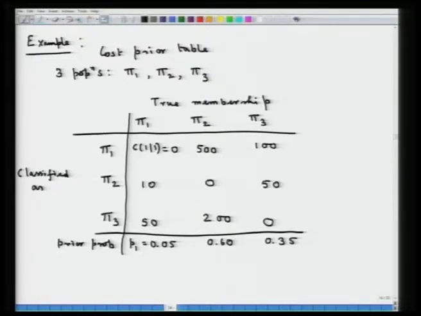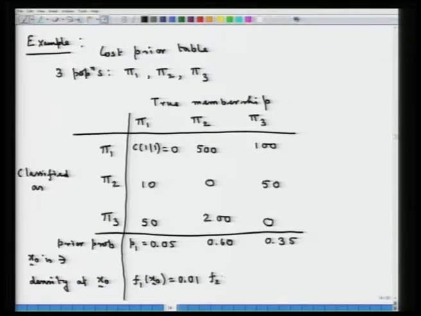Now suppose x naught, under such a cost prior table, is a new observation, such that the densities at x naught corresponding to the respective populations pi 1, pi 2 and pi 3 are given by f1 of x naught. X naught is a multivariate observation. Say this is given by 0.01.